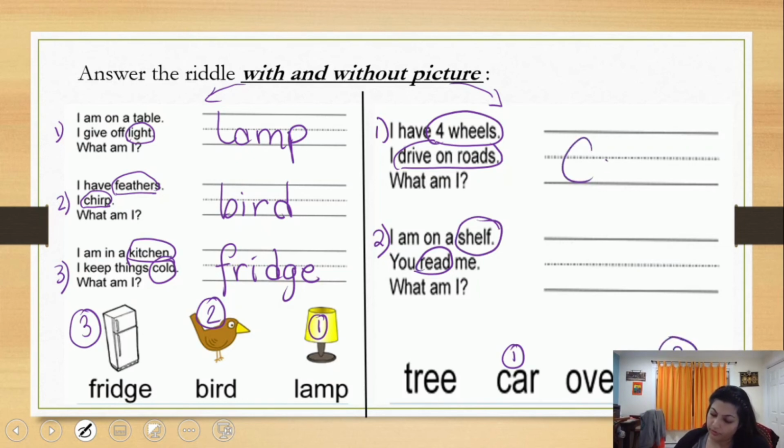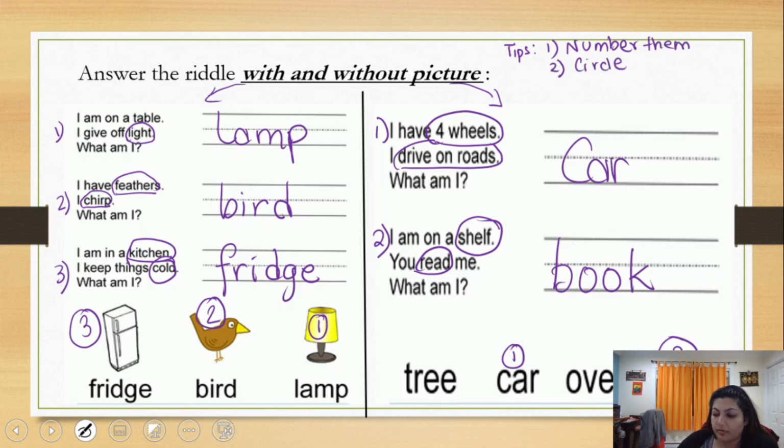So, we'll do car and book. So, tips, number them, circle keywords or hints, and number 3, write.